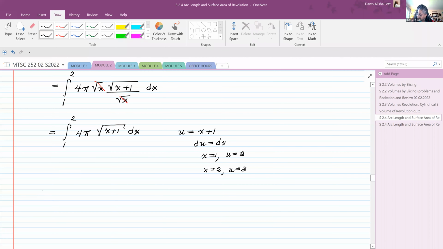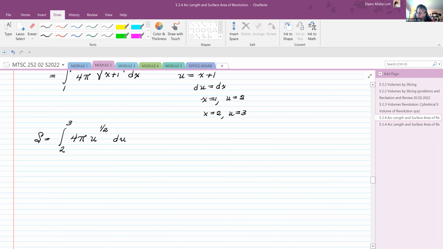So I get S is equal to the integral, 1 goes to 2, 2 goes to 3, 4 pi u to the 1/2 power du.